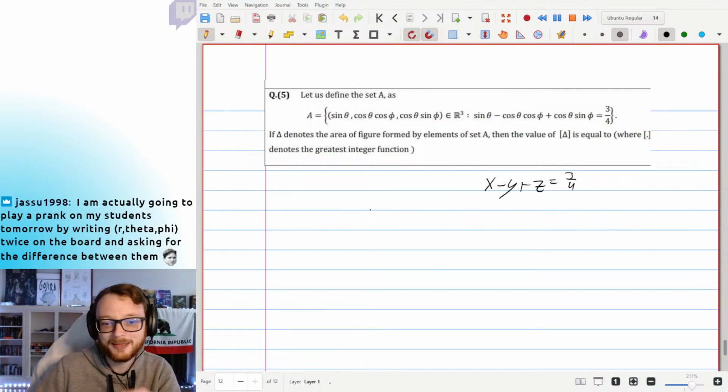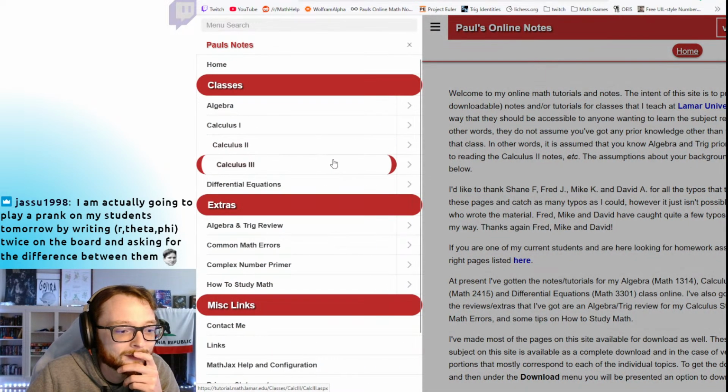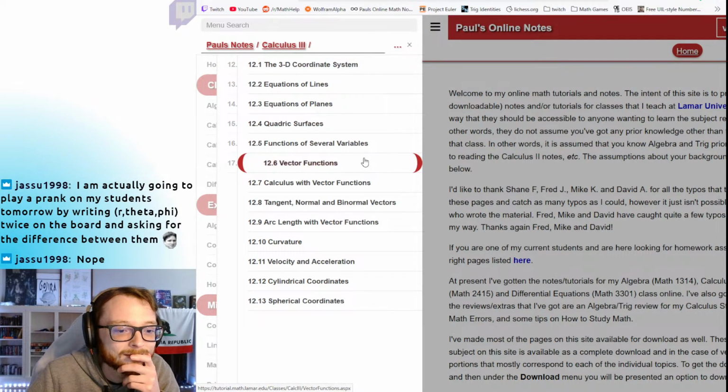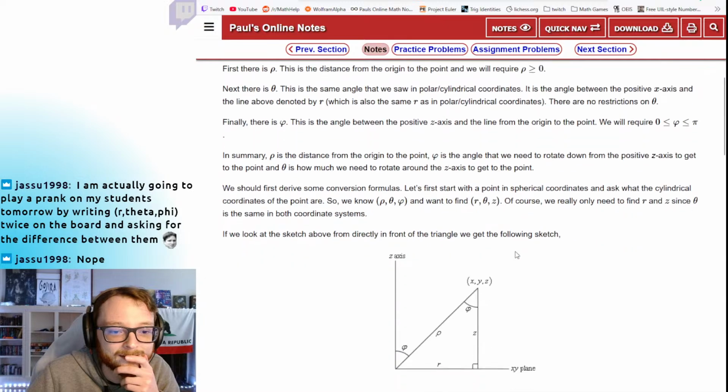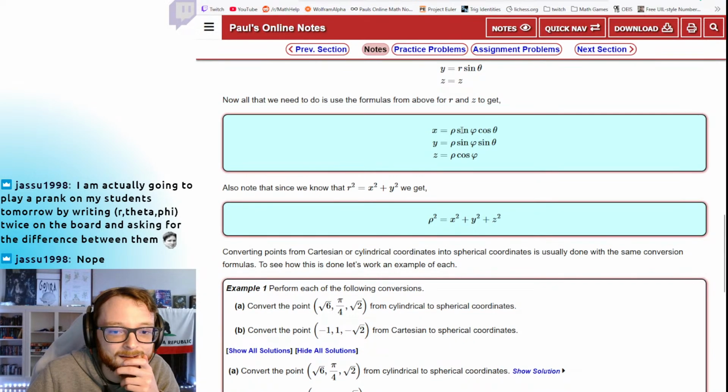Dude, okay, I just can't get this out of my head, so I can stop thinking about it. What are the conversion factors for spherical? It's so similar.